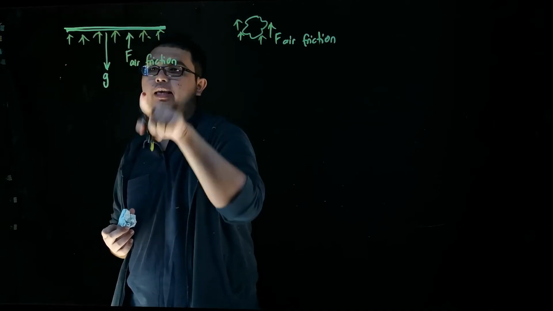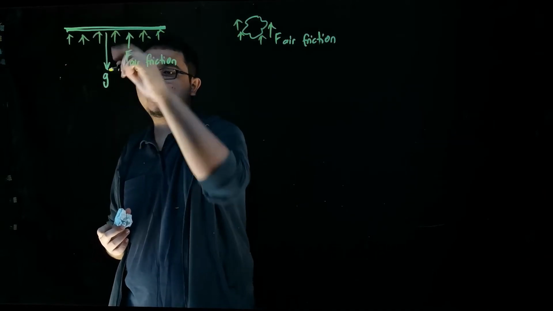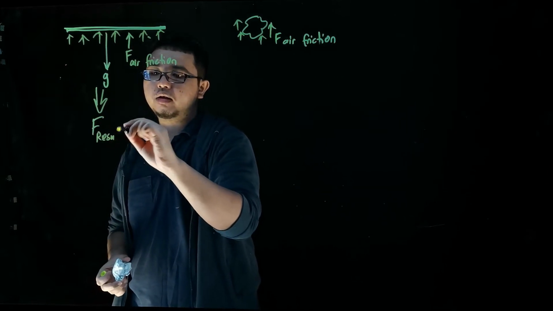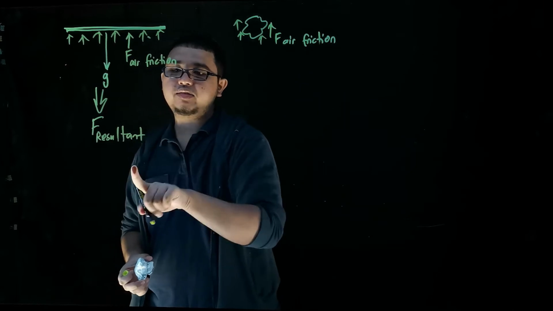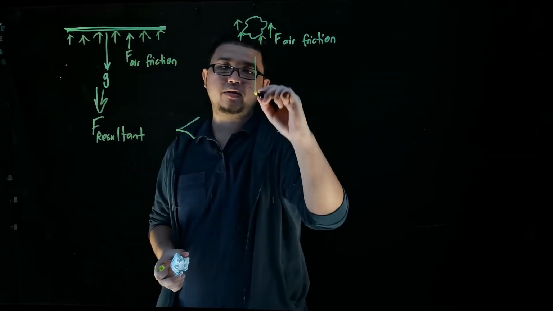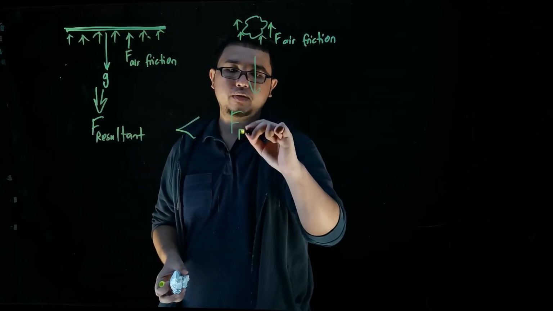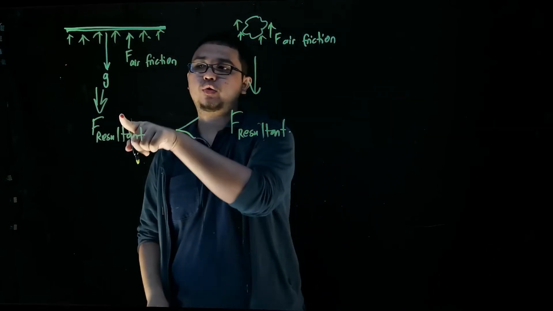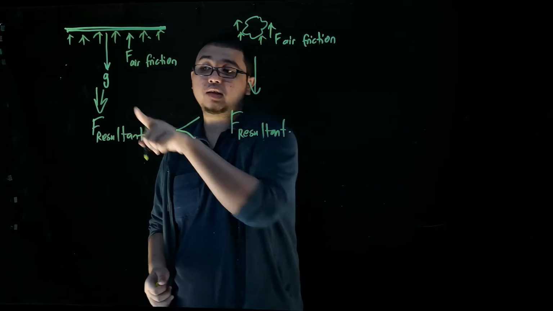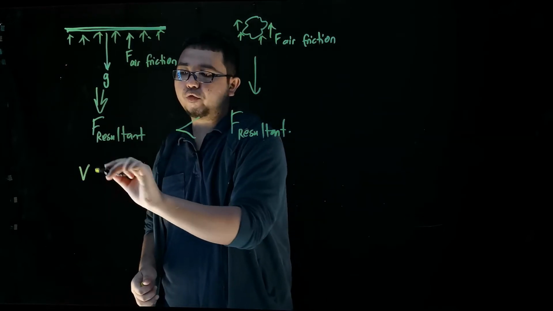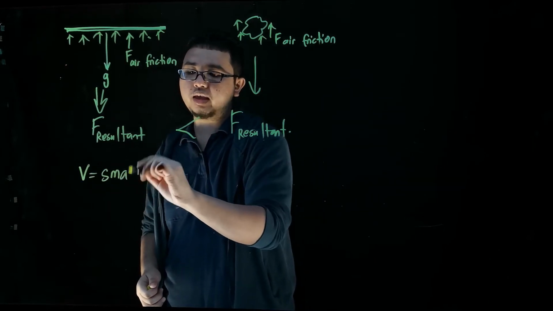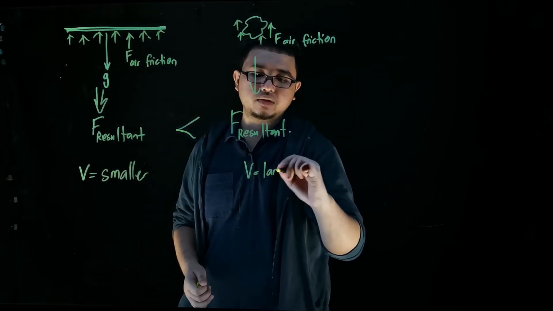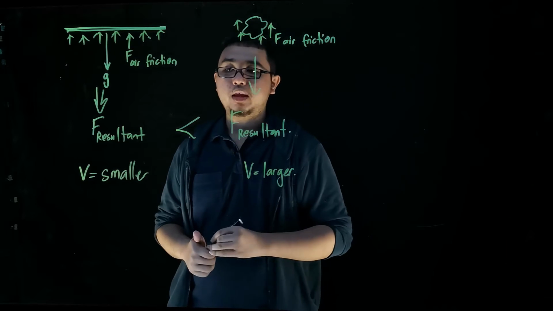So eventually here, the resultant force is much smaller than the resultant force here. Due to the difference in the resultant force, this one will move with a smaller velocity and this one will move with a larger velocity. Alright?